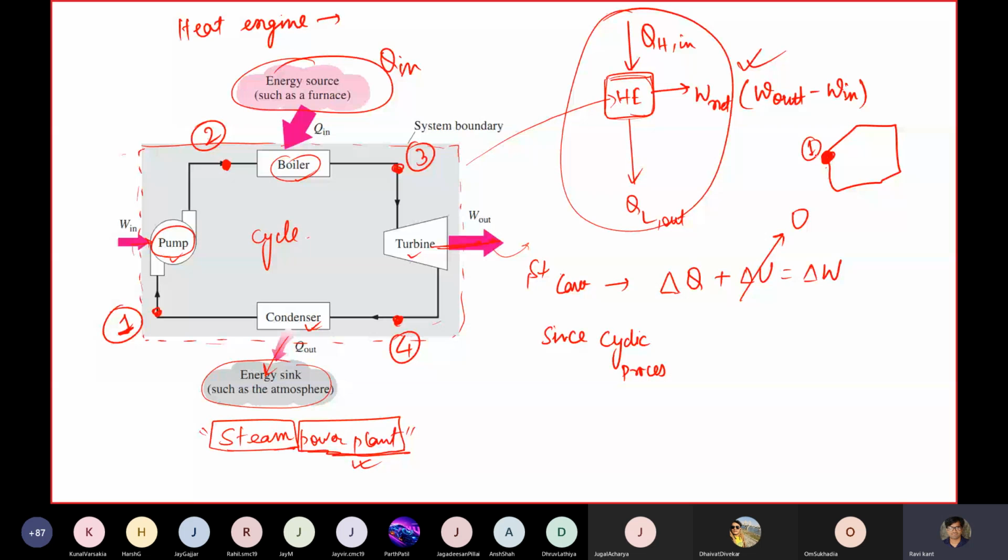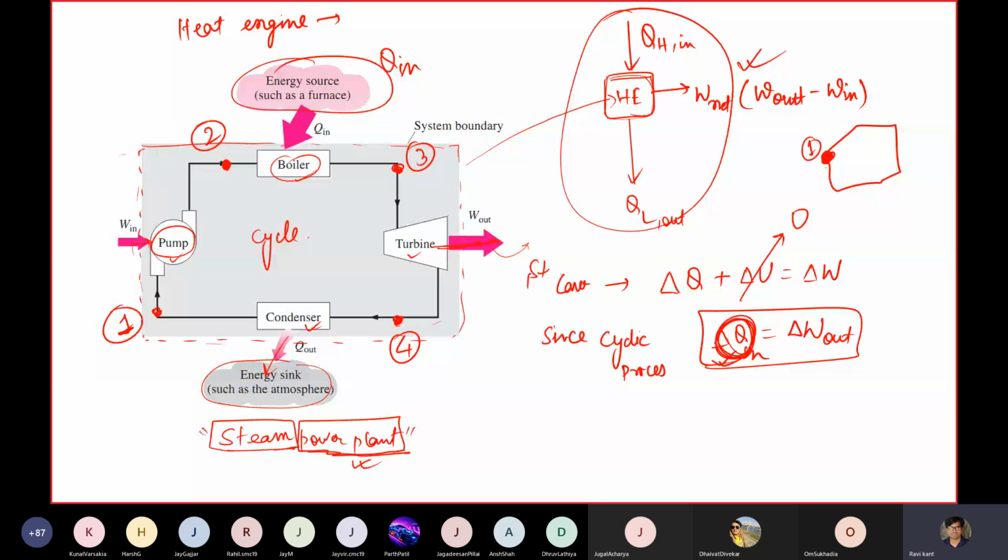So the total Q, the amount of heat that is being gained by this particular heat engine, is basically your work out. So this is what we can apply.